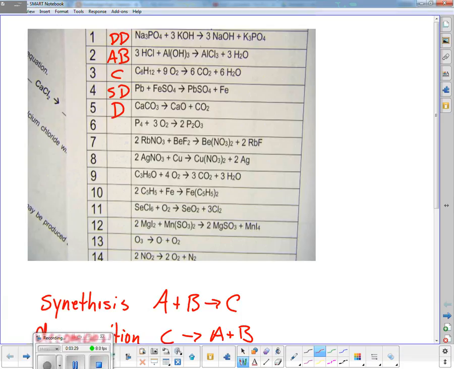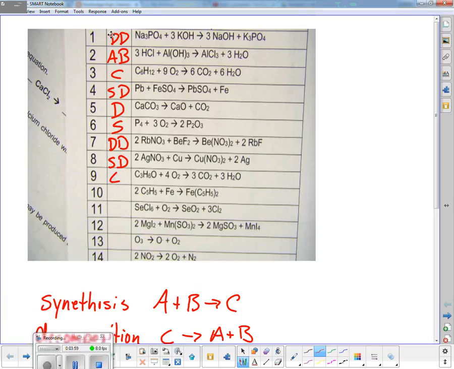Okay, here I have two elements making a compound. Synthesis. Here I have a compound and a compound, a new compound and a new compound. Double displacement. Here I have a compound and an element, a compound and an element. Single displacement. Here I have a carbon compound, oxygen, carbon dioxide, and water.